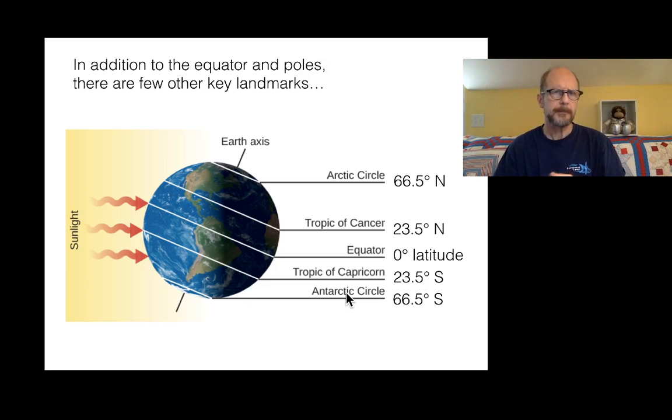This diagram is showing kind of a side view. The sun is way off to the side, and the light's coming from the left in the diagram, and the sun is directly above the Tropic of Capricorn. To people on the Tropic of Capricorn, the sun at noon would be perfectly at the zenith, straight overhead.